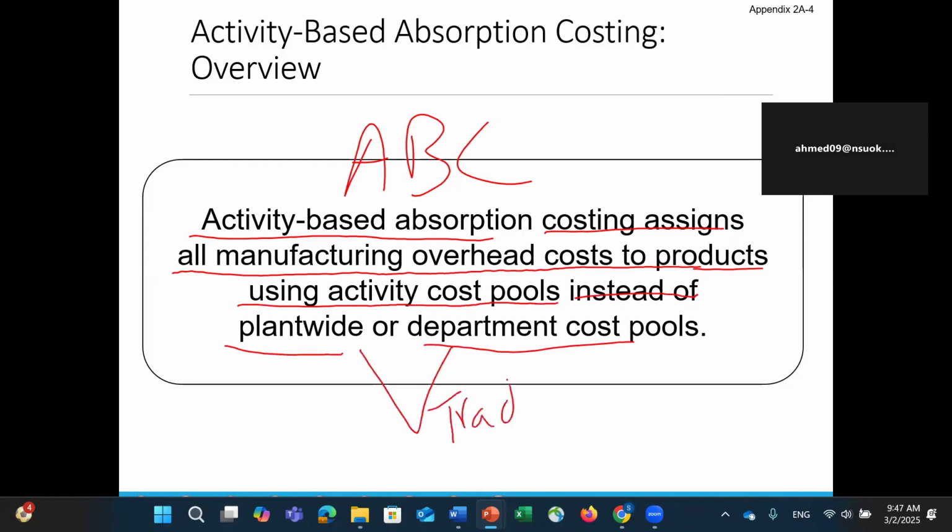Traditional costing. Okay. So we'll be comparing this method to this method. How do they assign costs? ABC assigns based on activities and cost pools. The traditional method uses plant-wide or departmental cost, then goes to the product.